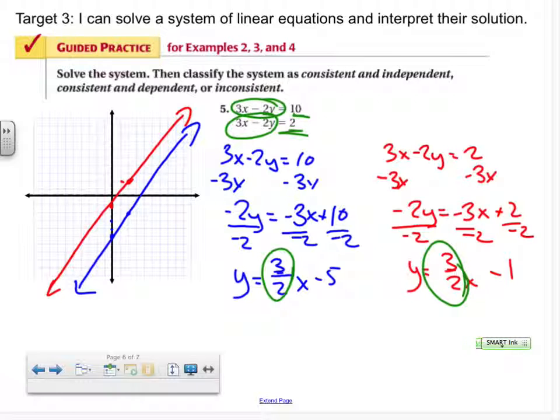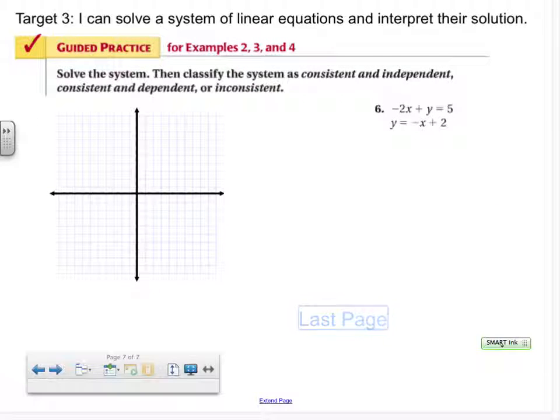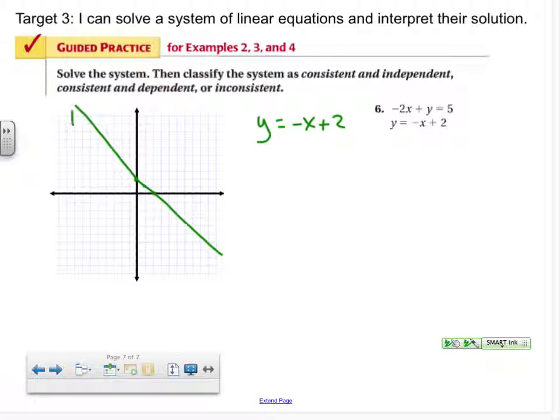All right, let's look at one more example. We got negative 2x plus y equals 5 and y equals negative x plus 2. Let's graph those. I'm going to graph the bottom one first because that's easier to graph because it's already in y equals form. Negative x plus 2 will go up 2, and then our slope is down 1 over 1. Connect and extend. And then we'll graph the second one in blue.